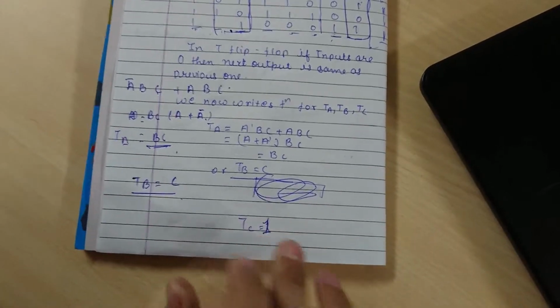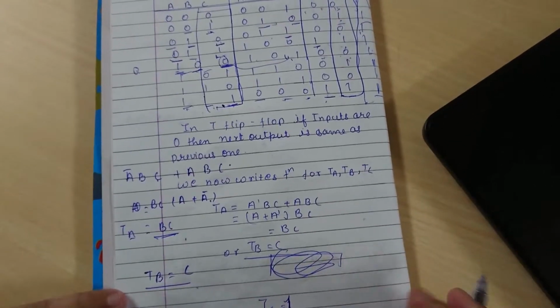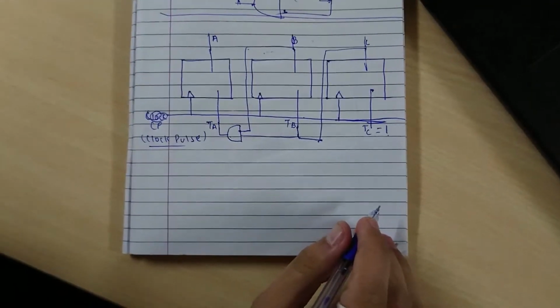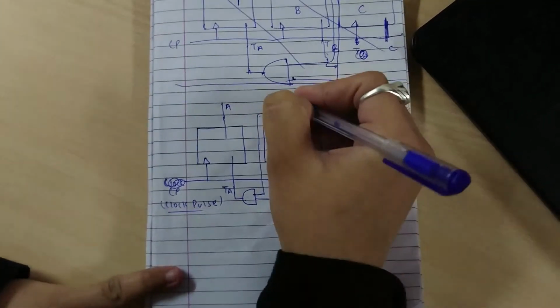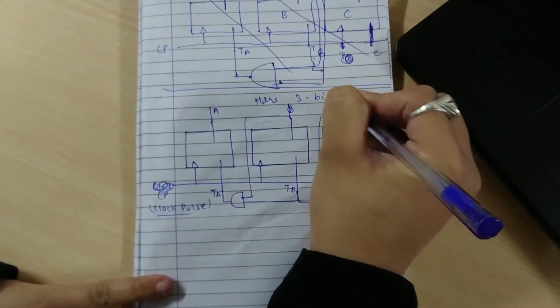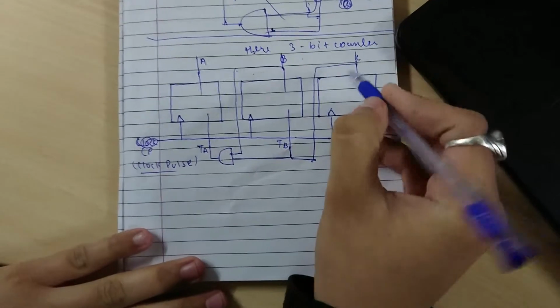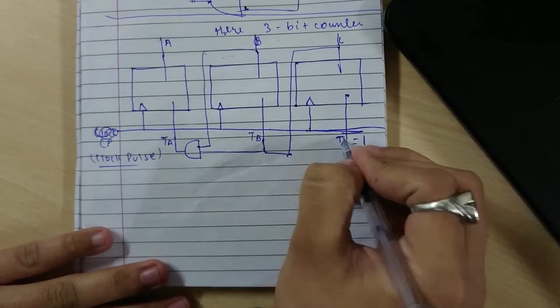Okay, now we have all three functions. We are trying to design the flip-flops with these functions. Here it is the flip-flop design of the 3-bit counter. You can see that TC is always 1.